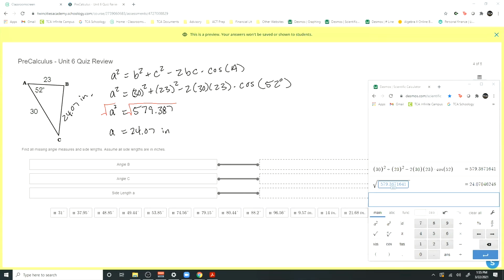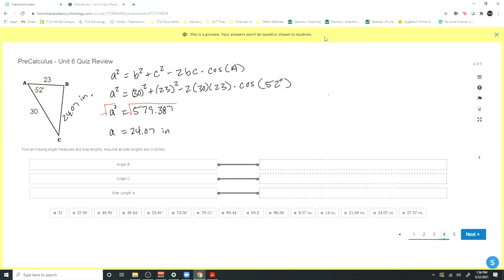Okay, so now I've got an angle and its opposite side. So this allows me to use law of sines from this point on. So I can say, it's over here, I can say the sine of A over little a is equal to the sine of B over little b.